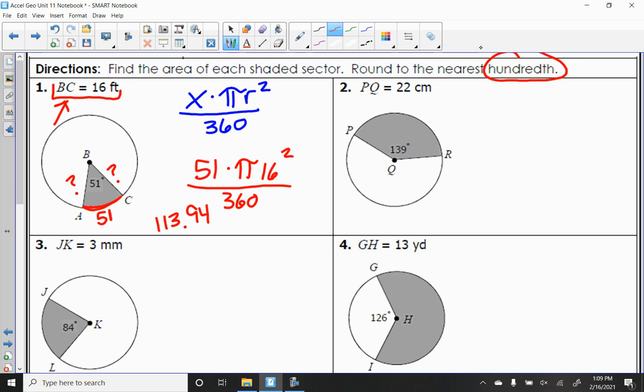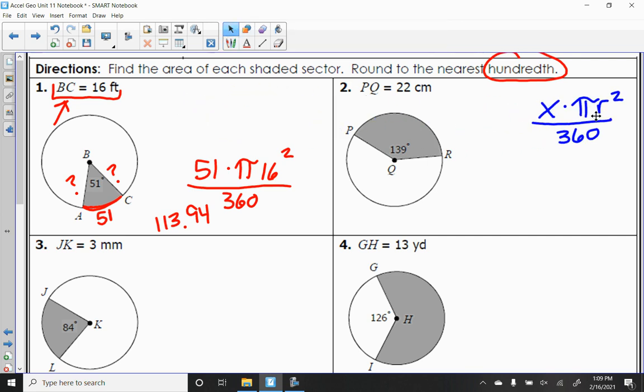All right, so taking a look at number 2, here's my formula. I'm just going to throw it over here. X is my arc measure of the central angle, so my arc measure is equal to that center angle. Our first number is 139 times pi. Let's look for the radius.